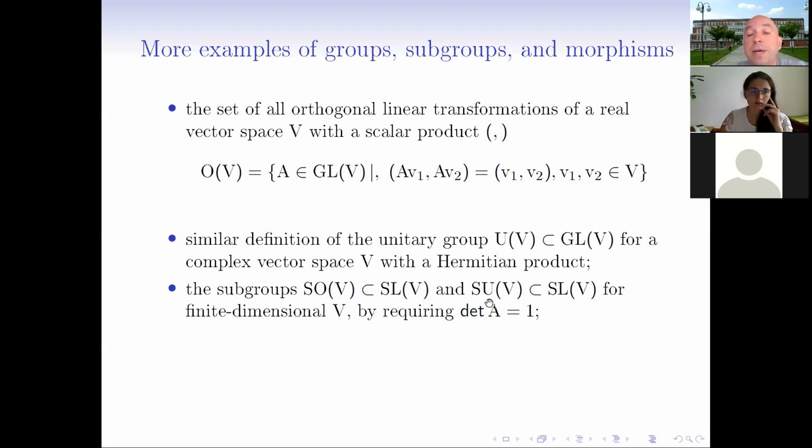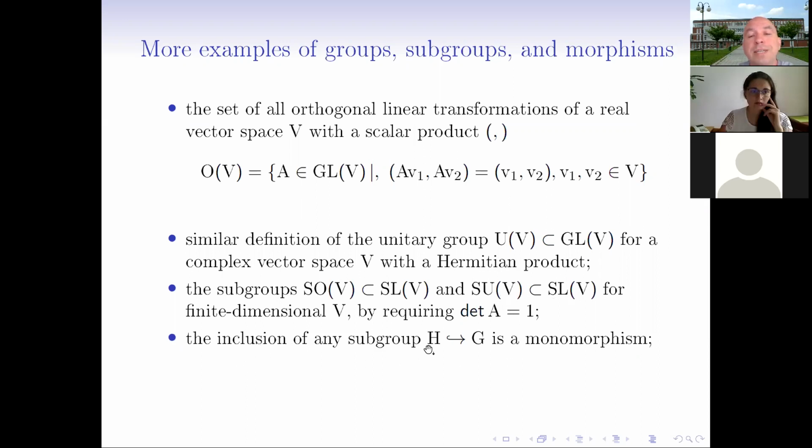In the same way, if you compute the determinant of any unitary element, for a finite dimensional vector space of course, then you'll see that the determinant is a complex number with absolute value equal to 1. If you specify that not just the absolute value but the whole determinant equals 1, then this is the special unitary group SU(V), which is a subgroup of SL(V).